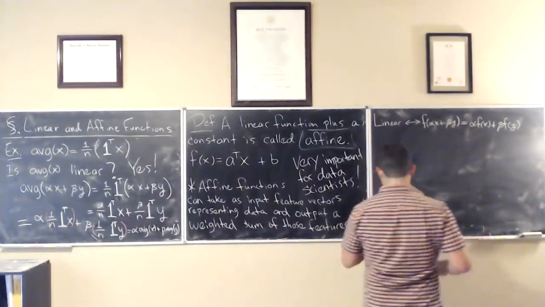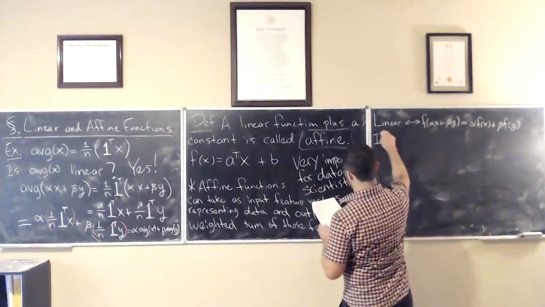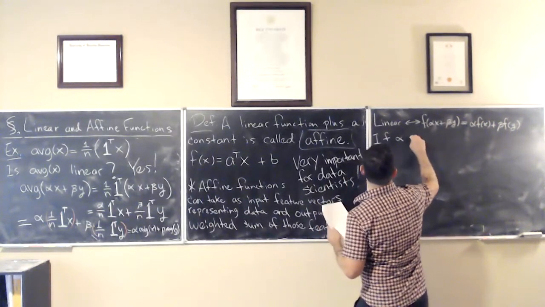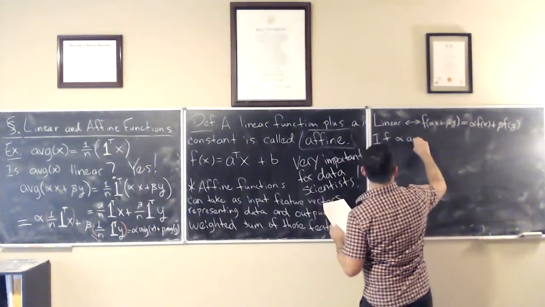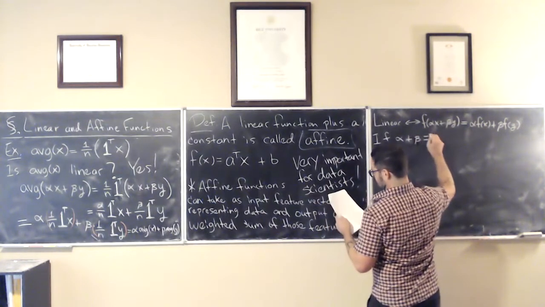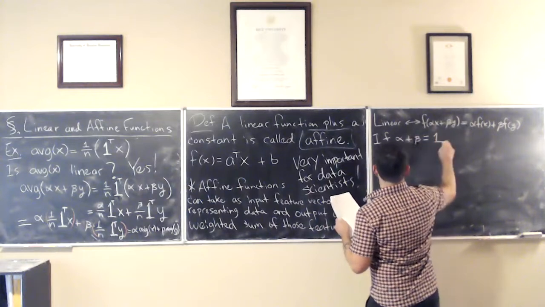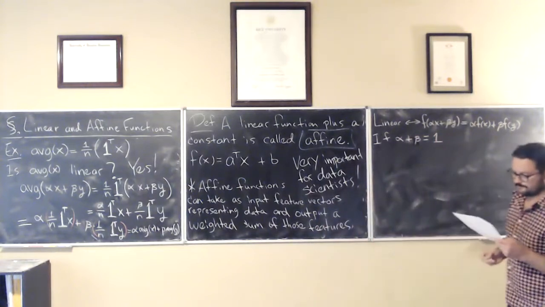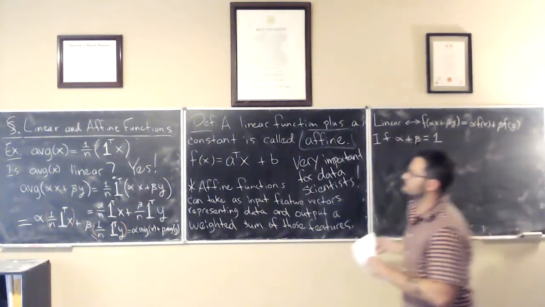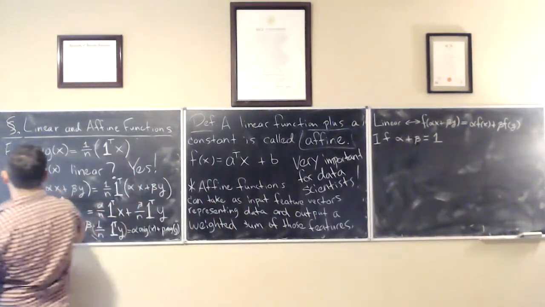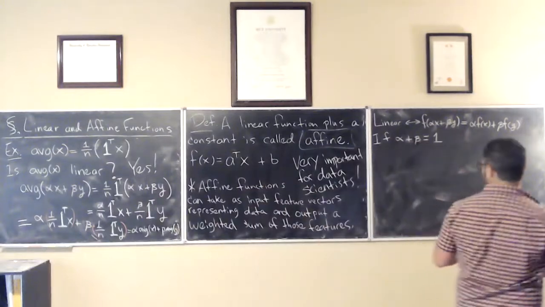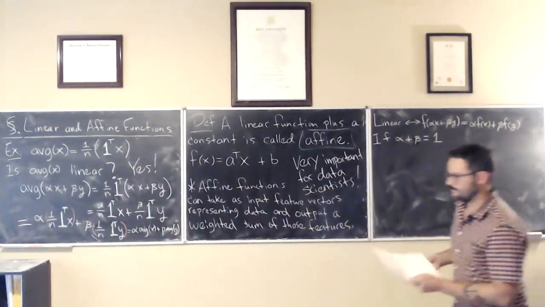But if alpha plus beta is equal to 1, then this function behaves like a linear function. Oh, I almost forgot.